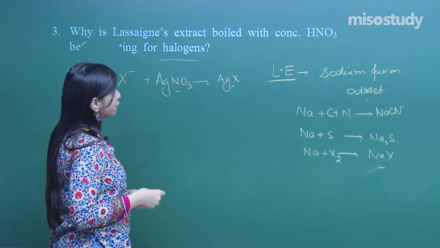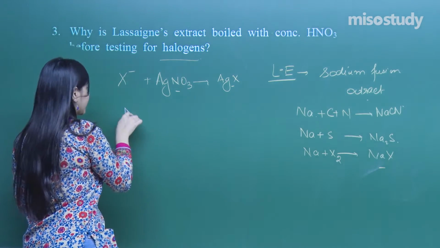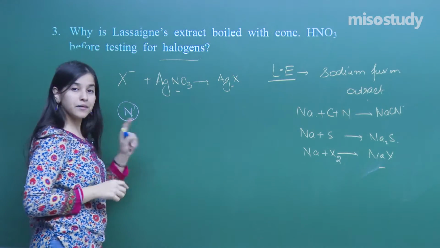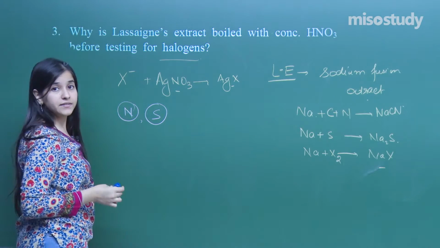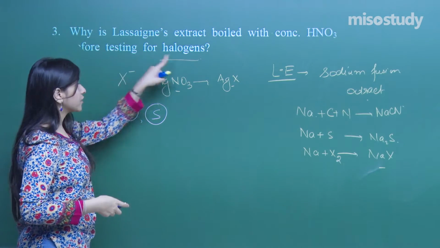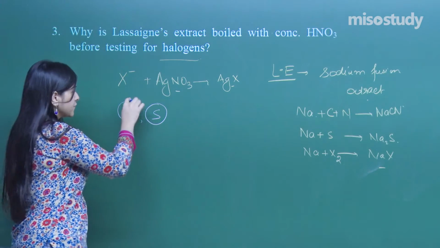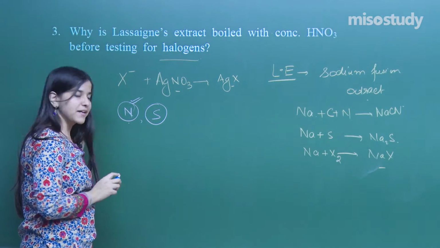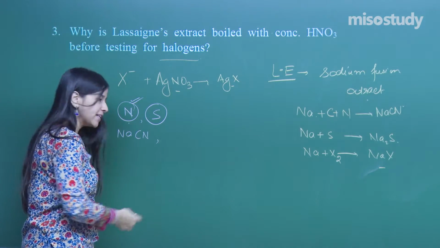But if there is nitrogen present in the compound already, or sulfur present in the compound already, it hinders this particular reaction. How? If nitrogen is present in my Lassaigne extract, definitely LE must be containing NaCN, right?